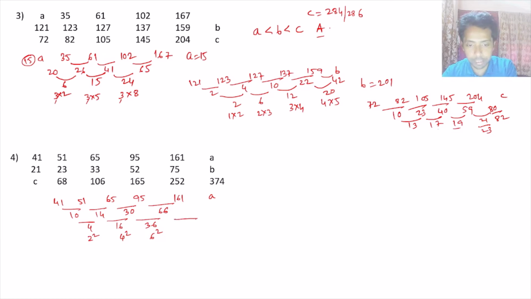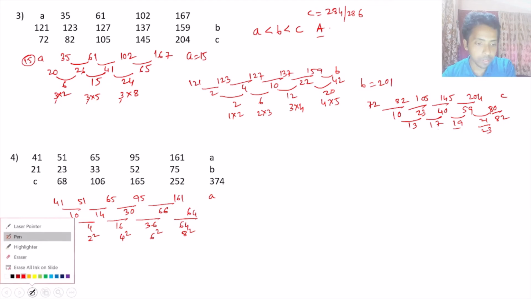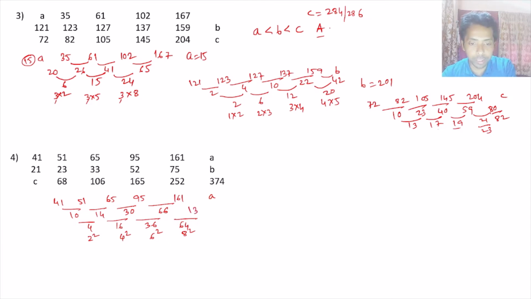What is the next? This is 8 square, so this is 64, right? So this would be 130. 130 added to 161, that is the value of A, that is 291, right?